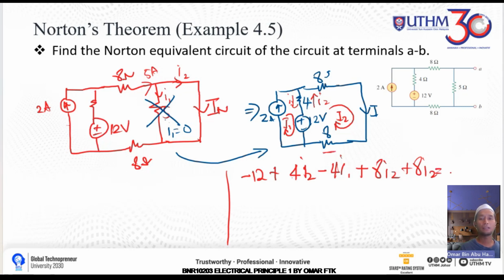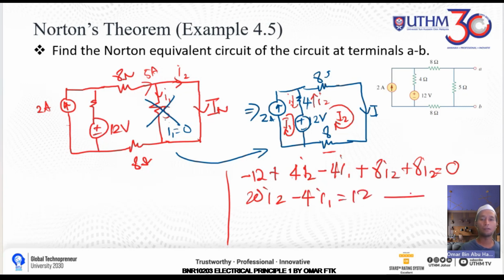All of this will be equal to 0. So you can simplify your circuit here. Minus 12, you can move to the other side. 4 plus 8 plus 8 is 20i2 minus 4i1 equals 12.